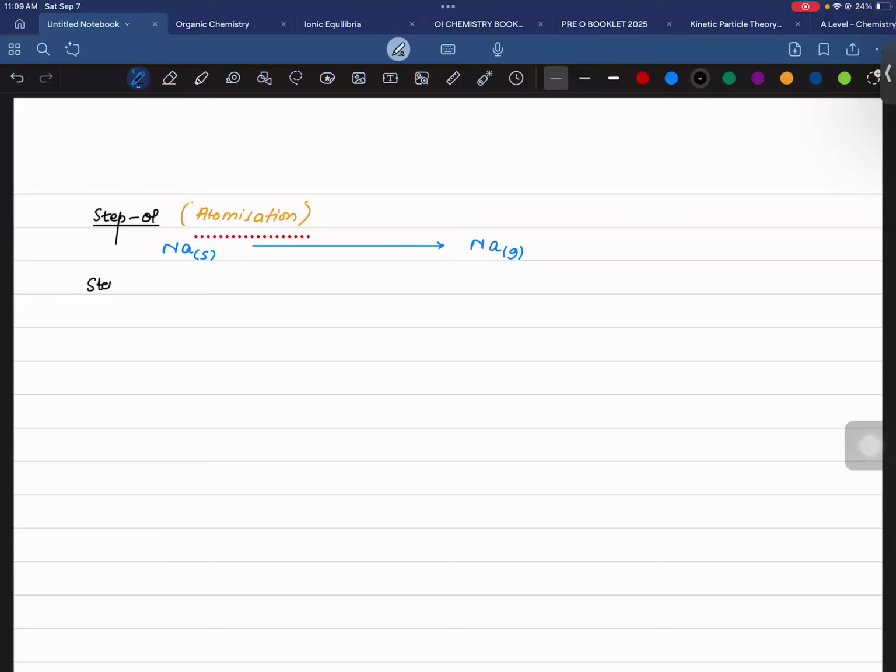And then step number two. Okay, can you tell me atomization is exothermic or endothermic? This is also very important that you must know, because the examiner would be asking the nature of the process, whether this is exothermic or endothermic.